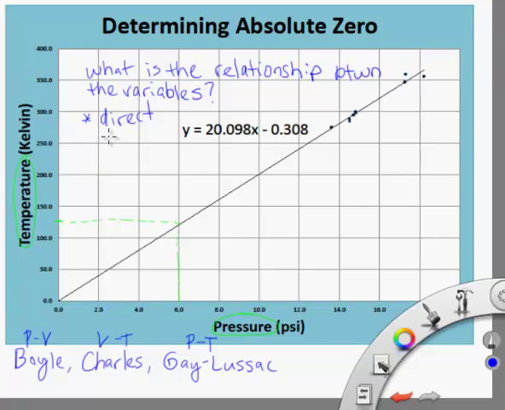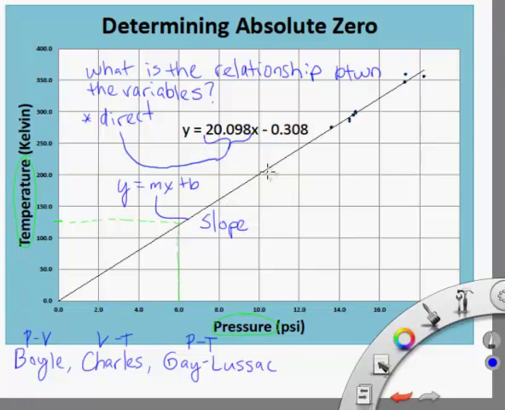What is some supporting evidence of this direct relationship? Some supporting evidence of the direct relationship is the m in your equation. An equation has a general form, y equals mx plus b, where m is the slope of your line.